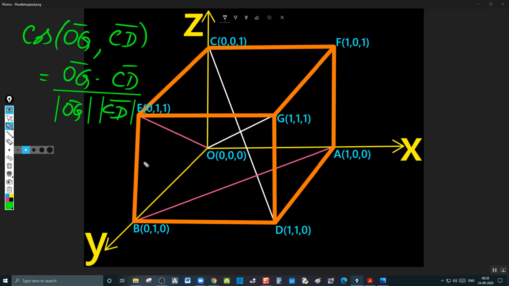If you apply that, you know what OG bar is? OG bar is G minus O. It is 1, 1, 1 dot CD bar, which is 0 minus 1, 0 minus 1, 1 minus 0.